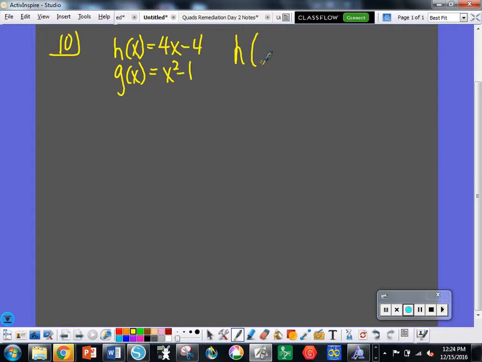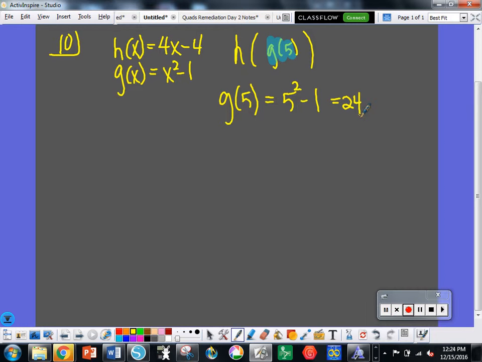So this is h of g of 5, right? So what am I going to find first? I'm going to find g of 5. Yes, you are. Okay? So g of 5 equals what? I'm sorry. Actually, 4 times 5 is 20, plus 4 equals 24. Is that okay?